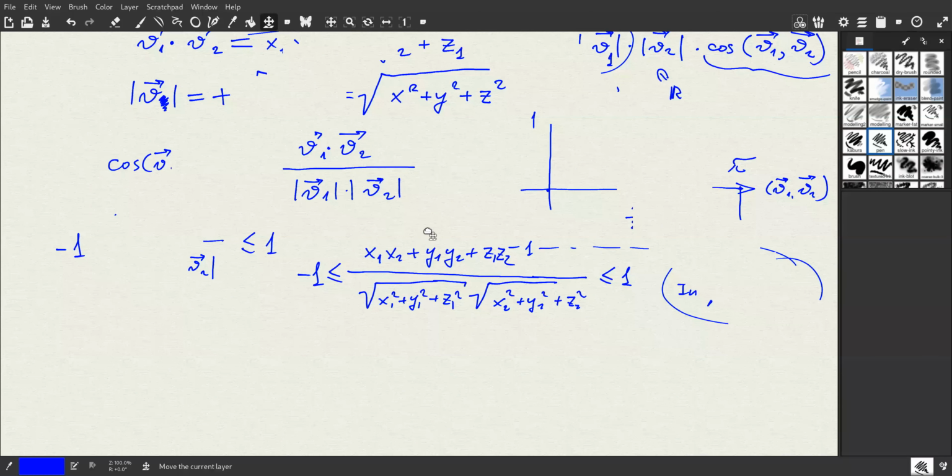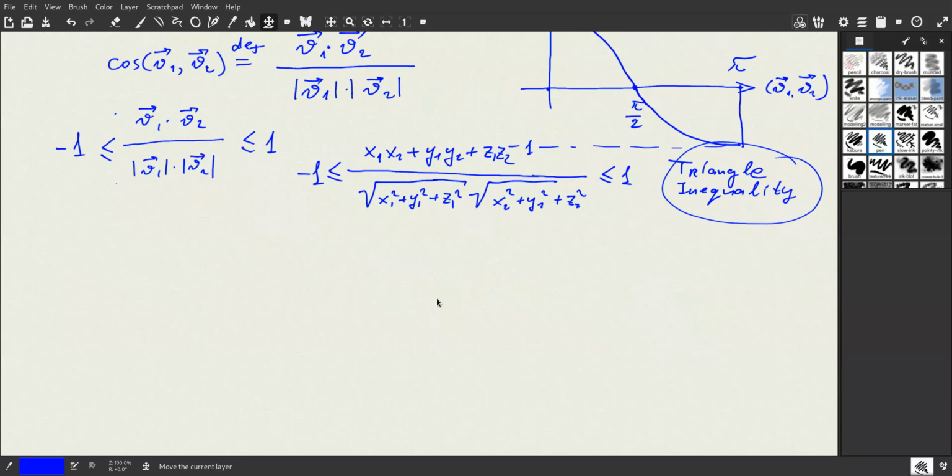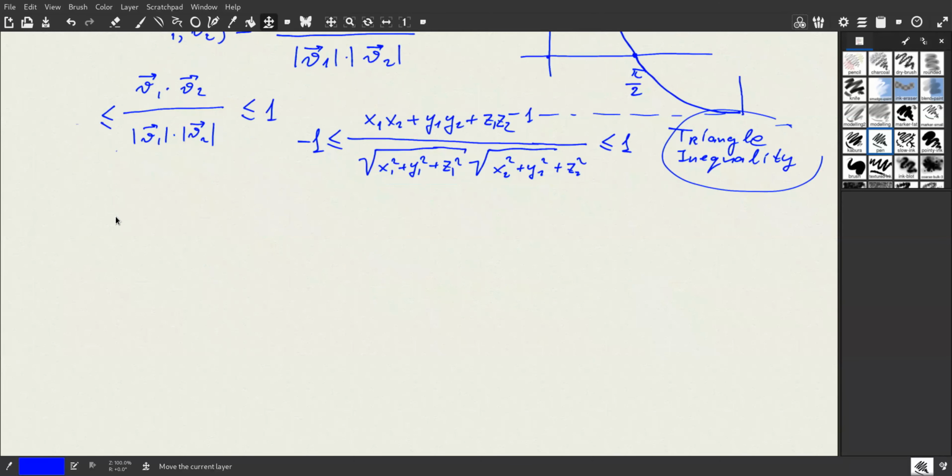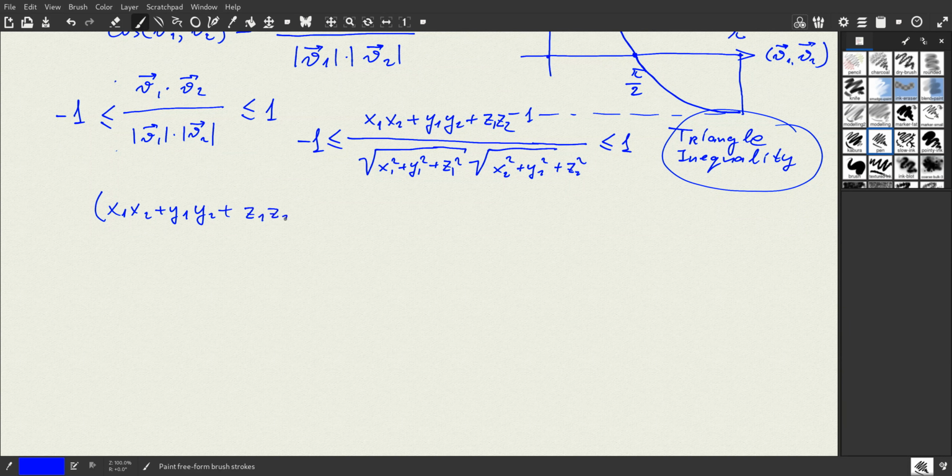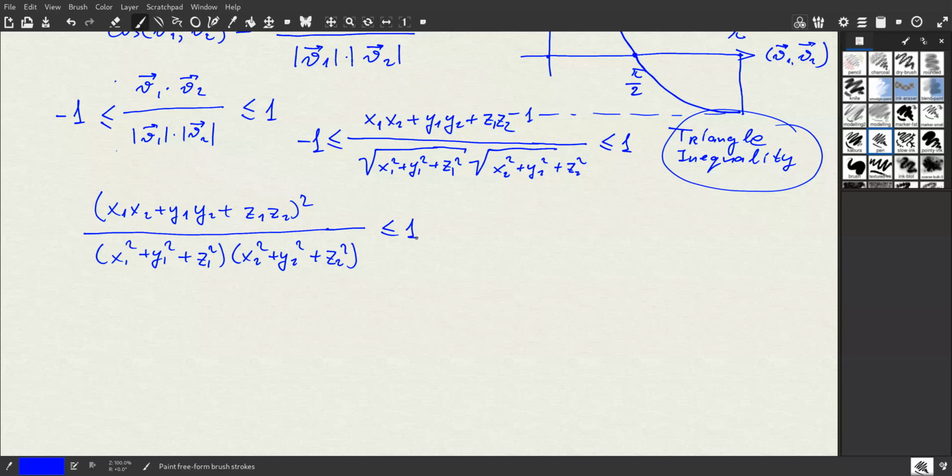If we take this expression and square it up, then it is equivalent to (x1, x2 plus y1, y2 plus z1, z2) squared divided by (x1 squared plus y1 squared plus z1 squared) times (x2 squared plus y2 squared plus z2 squared) must be less than or equal to 1.